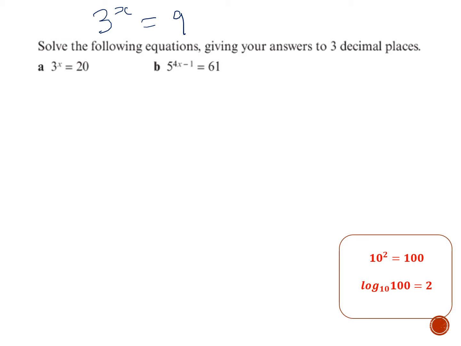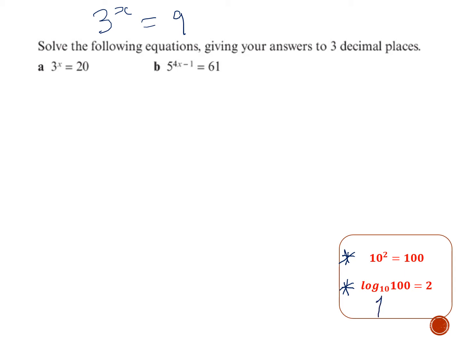Now, to solve something like this, what we've got to remember is what's down at the bottom of the slide here. So the link between the fact that 10 raised to the power 2 gives 100, the equivalent log form of that equation is that log to the base 10 of 100 is 2.